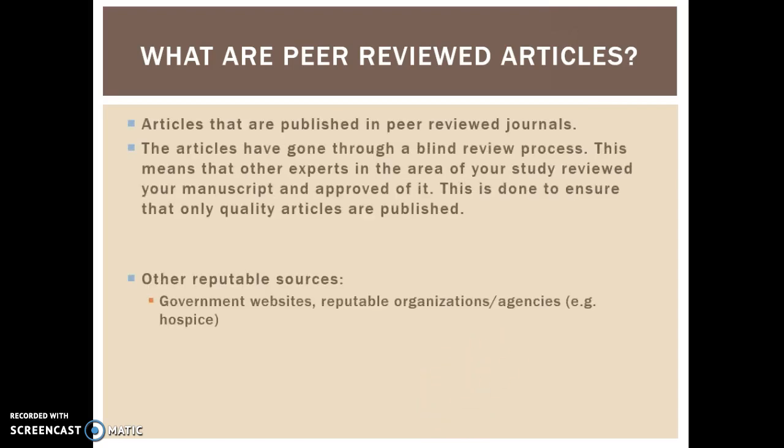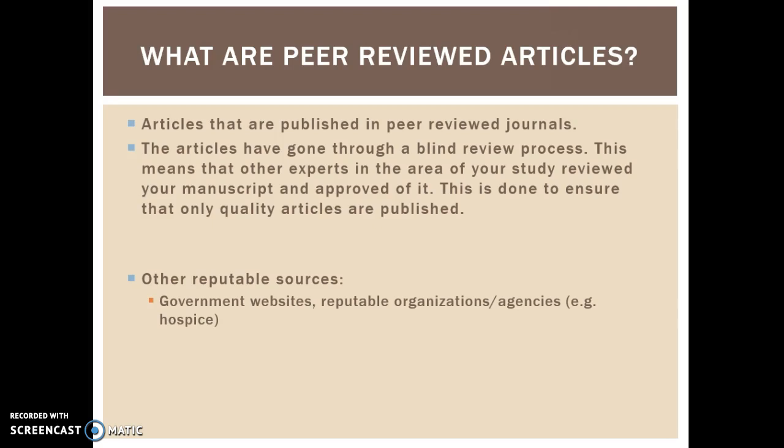So when we think about peer-reviewed articles, these are articles that are published in peer-reviewed journals. What that means is if I want to publish an article in a peer-reviewed journal, what I've had to do then is I will submit my article to a journal that I feel is relevant to the topic.